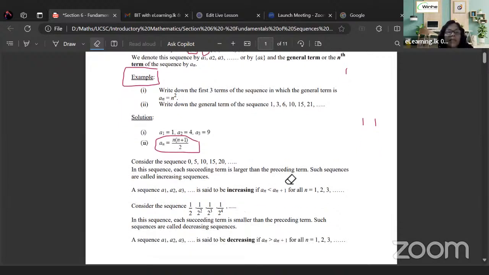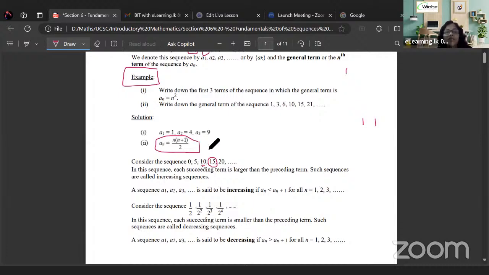Right. Now with these terms, consider the succeeding term and the preceding term. Succeeding term means, if you consider this term as the succeeding term, you can consider this as the preceding term.